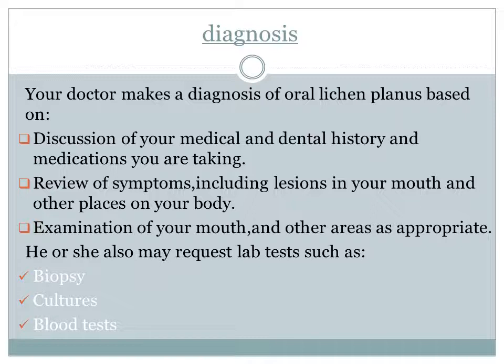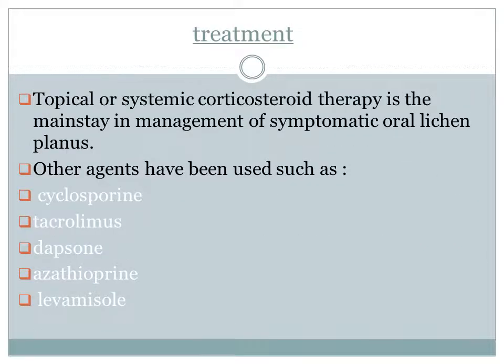They may also request lab tests such as biopsy, cultures, and blood tests. Treatment: topical or systemic corticosteroid therapy is the mainstay in management of symptomatic oral lichen planus. Other agents such as cyclosporine, tacrolimus, dapsone, azathioprine, and levamisole.